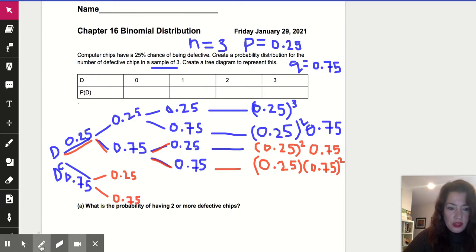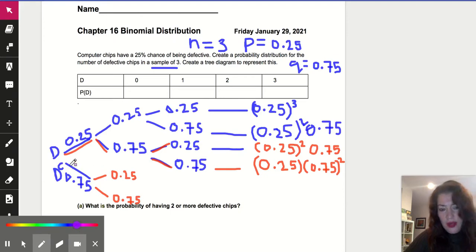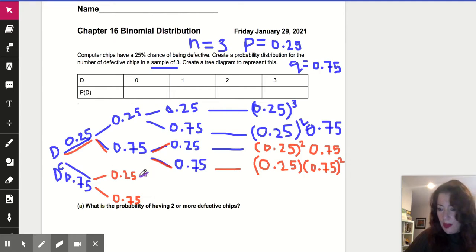Let me change the color so it looks a little neater for the eye. All right, so moving along this branch, the first one will be not defective. Then I go up here, it is defective. So always going up is defective, going down, not defective.